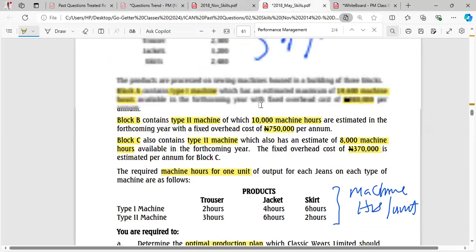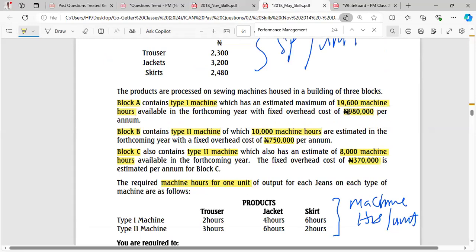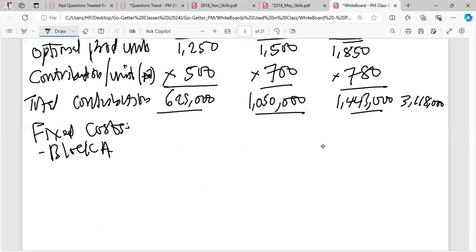The fixed cost for block A here is 980,000. So I will come here, 980,000 in bracket.